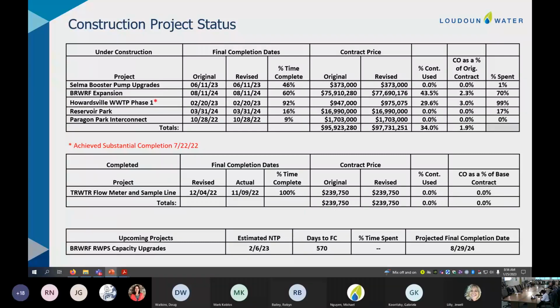So when you see the next iteration of this table, there'll be more projects in the up and coming section on the next quarterly update, because there are definitely some projects in the queue where we're either opening bids or getting ready to present to the committee and the board.